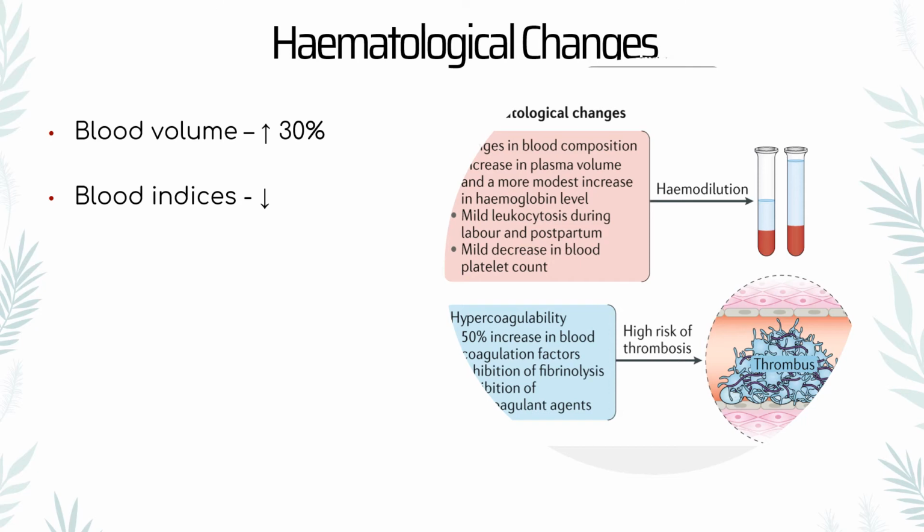The hematological indices show different changes. The blood indices decrease, and the total concentration of the plasma protein decreases from 7.5 to 6 grams percent, that is due to the hemodilution.